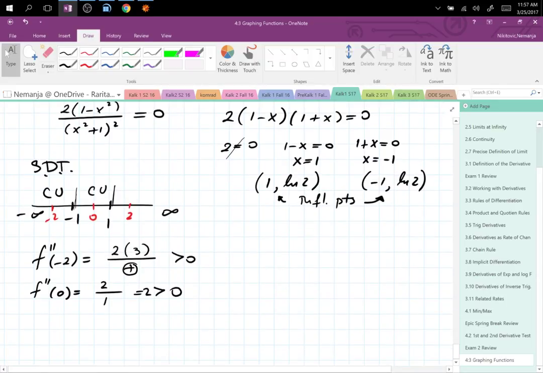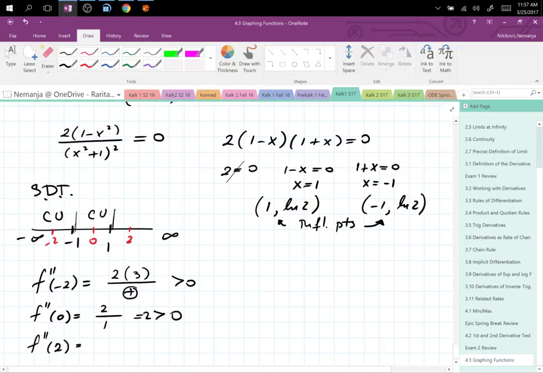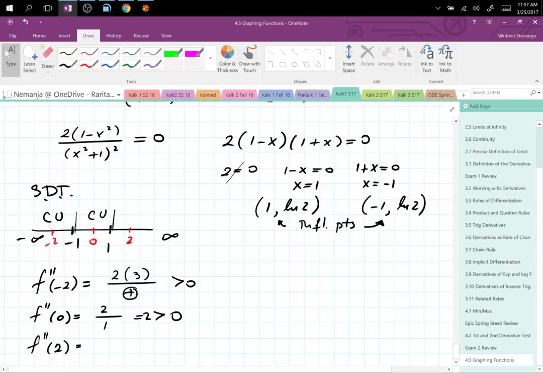I don't like it. And at positive 2 we have again, now that's a negative number there. Well, it was a negative before as well. Negative 2 squared is 4. This is negative 3. So that's less than 0.